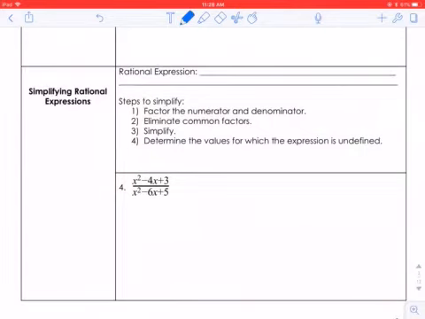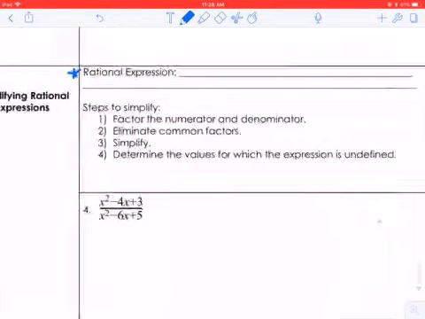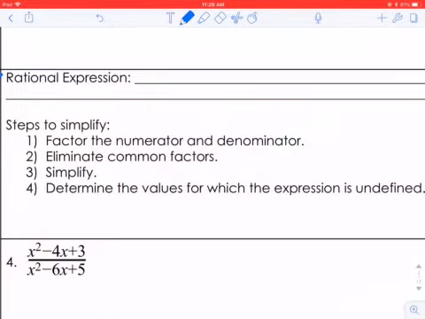So we're simplifying rational expressions. In order to do that, we need a new vocab word. That word is rational expression. And all that it means is a fraction or ratio of two polynomials.